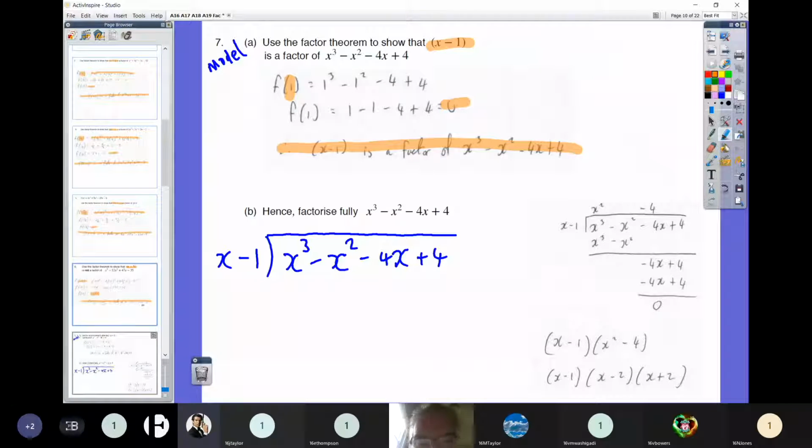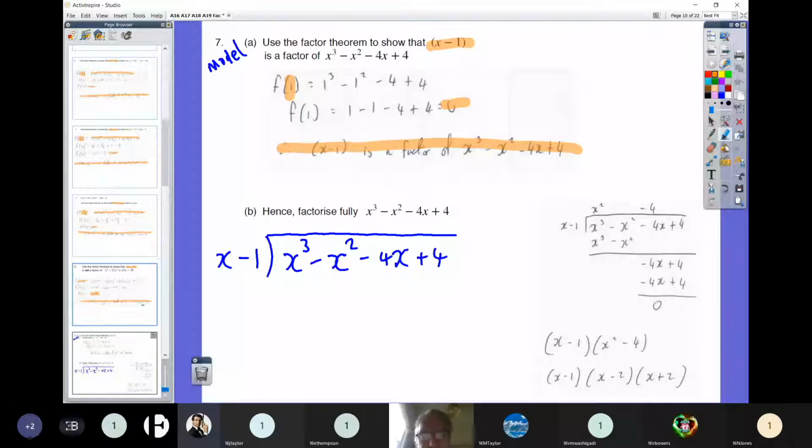Now, because we know it's a factor, when you take the big equation and you divide by the factor, you are going to be left with another factor, because a factor times a factor gives you the big quadratic. Just remember the one I did right at the beginning when we had the x plus 2 and x plus 3. X plus 2 and x plus 3 were both factors.